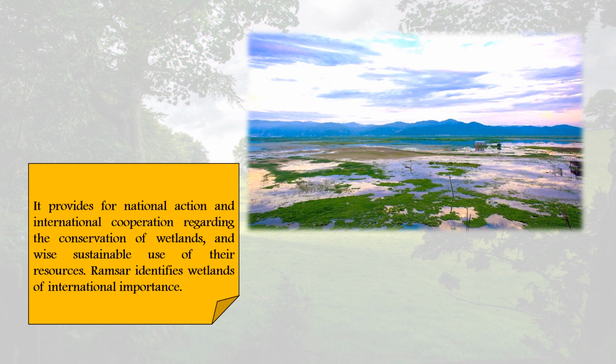More than 1 billion people depend on them for their living, and 40% of the world's species live and breed in wetlands. They are a vital source of food, raw materials, genetic resources for medicines, and hydropower.